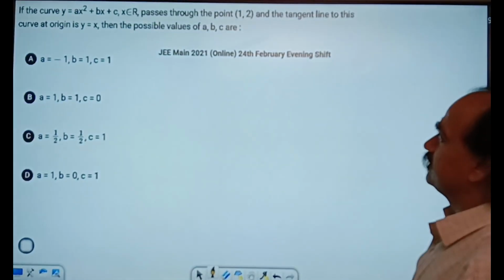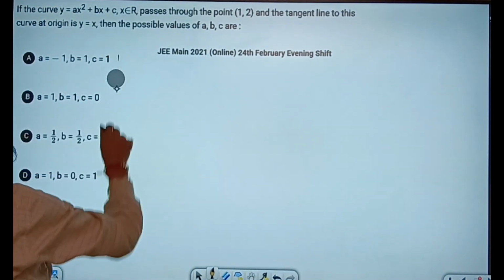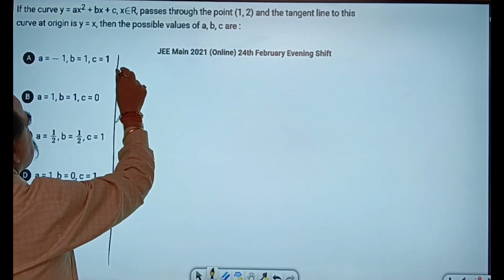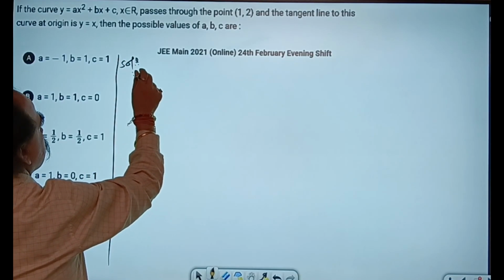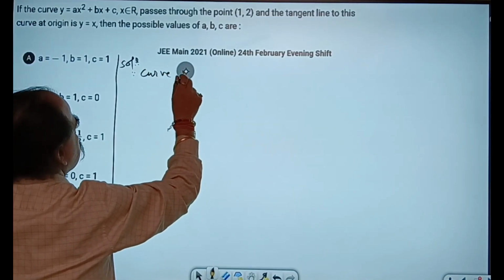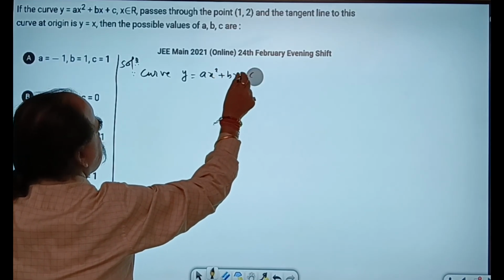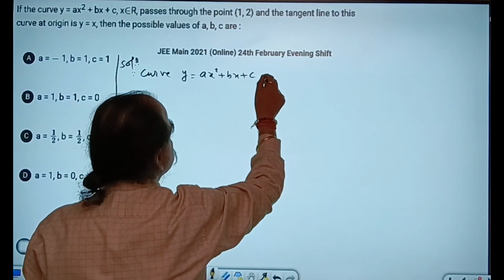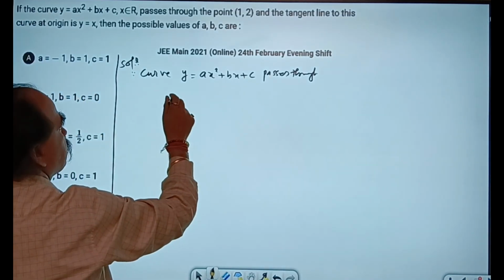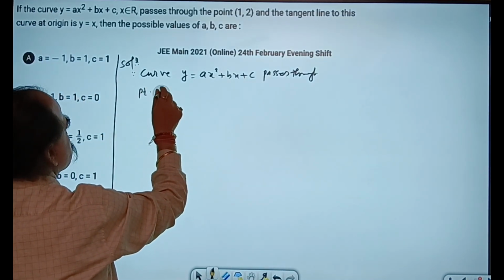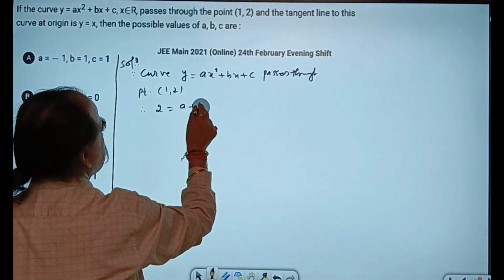The curve a x square plus b x plus c passes through point 1, 2. Since curve y is equal to a x square plus b x plus c passes through 1, 2, therefore 2 is equal to a plus b plus c.